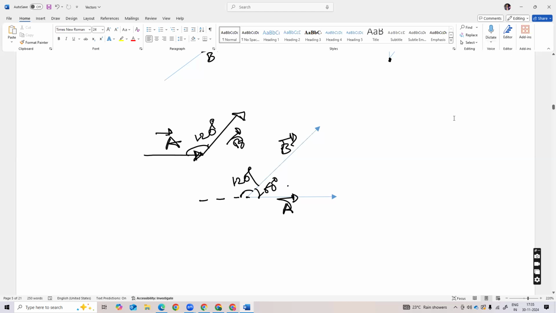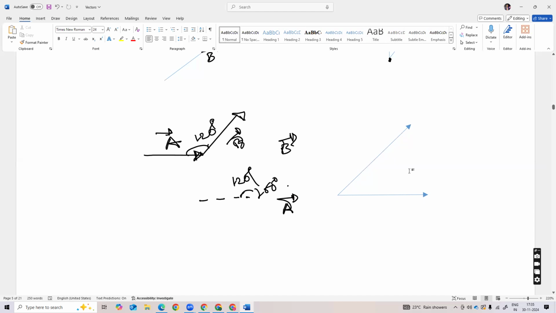Similarly, here we have moved vector B so that its tail is touching the tail of vector A. But earlier the system was like this. So you can move vector A so that the tail of vector A will touch the tail of vector B. So both things are possible.